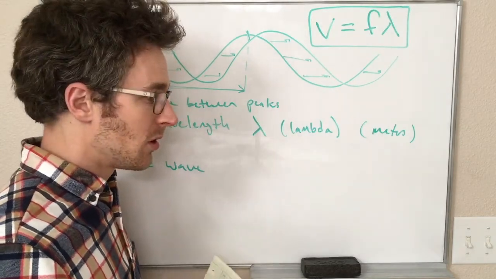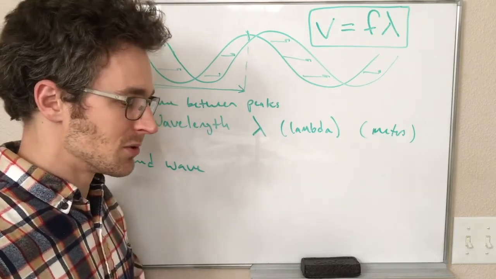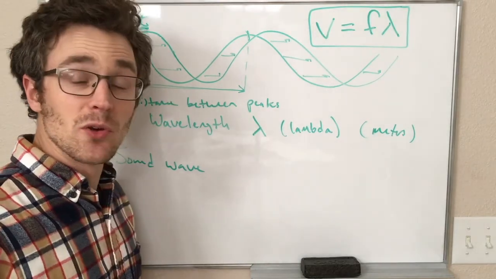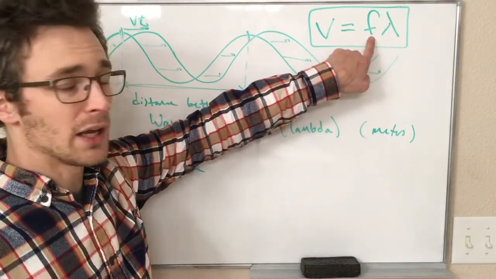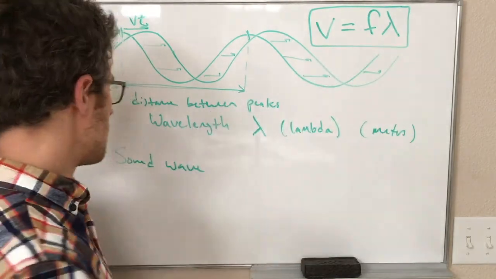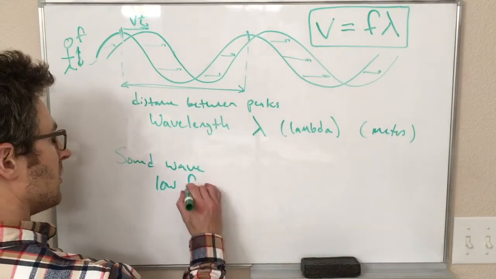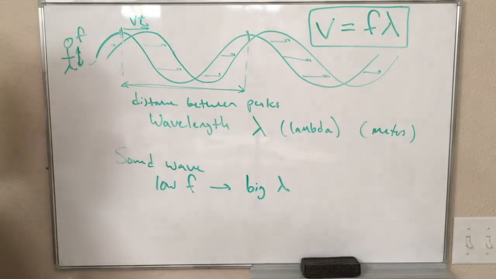So what we would call low notes, like low notes on the piano or whatever, those are notes with low frequency, with small values of f, and as we will show later on, therefore large values of wavelength. So low frequency means big wavelength.